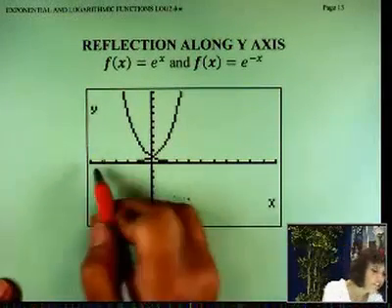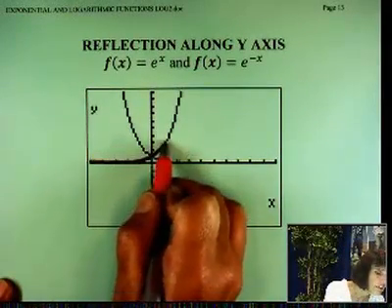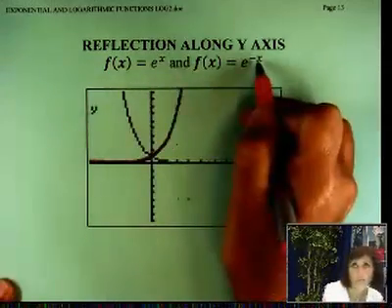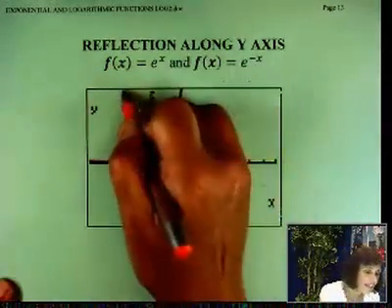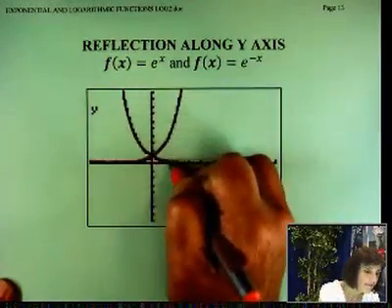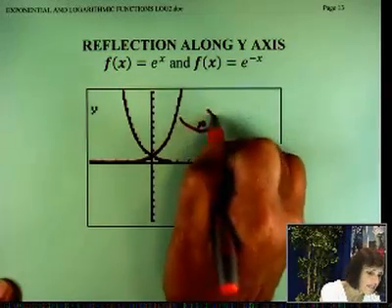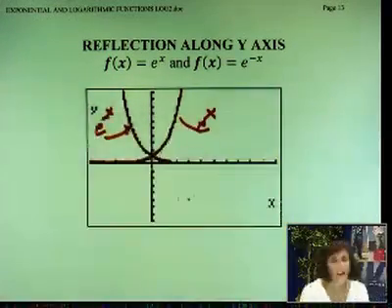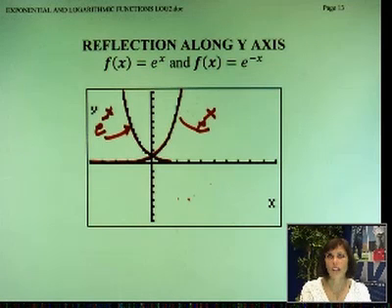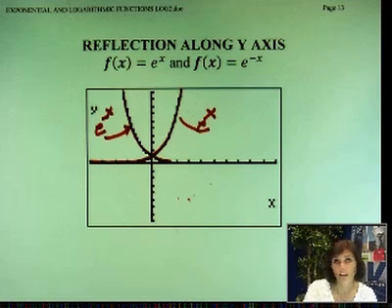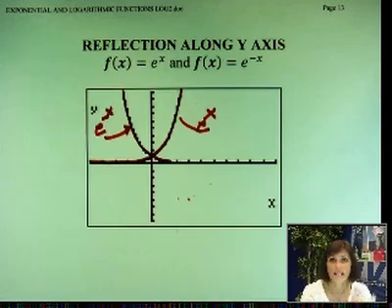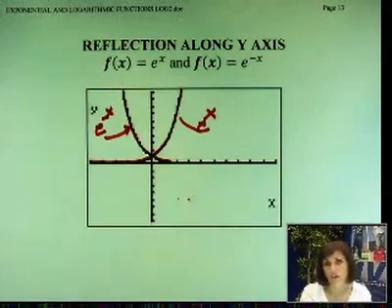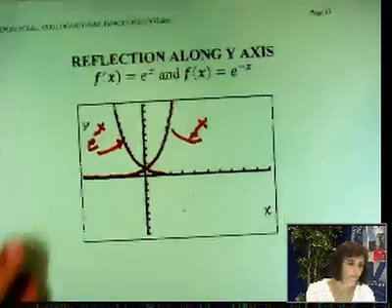Here we go. e to the x. Now instead of x, you're going to put a negative x. This is e to the x. This is e to the negative x. And that makes sense because when you put e to the negative x, it's 1 over e to the x, and 1 over e is less than 1. And that's an exponential that goes that way.